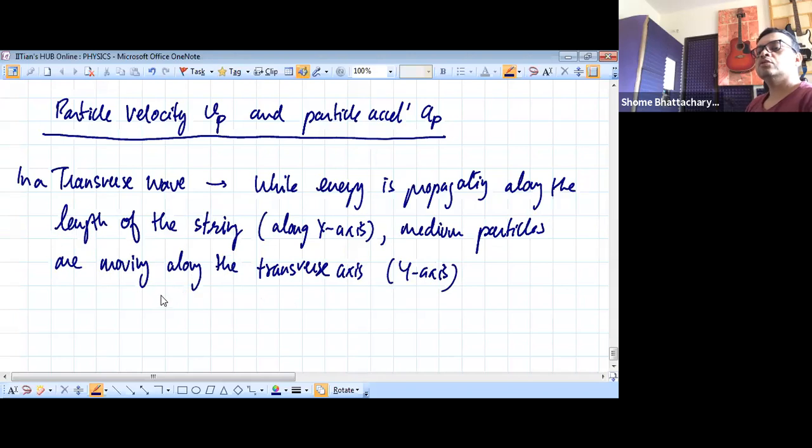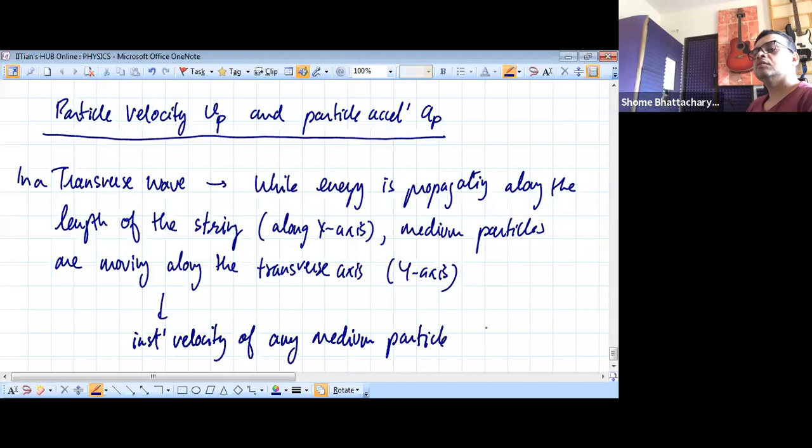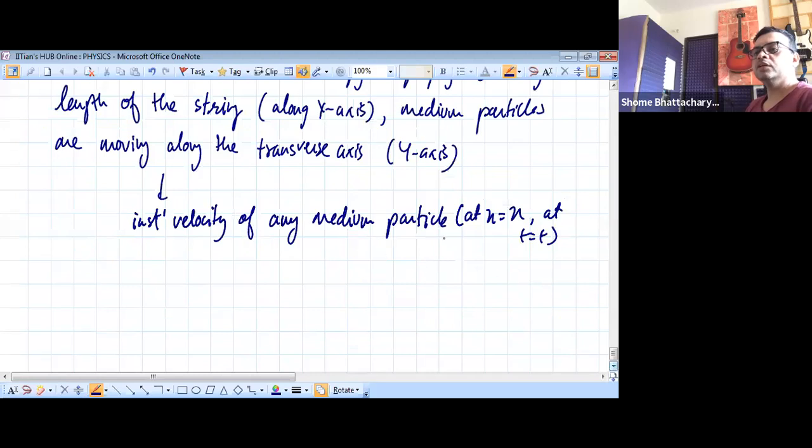Okay. So the instantaneous velocity of any medium particle along that y-axis at any point of time, the instantaneous velocity of any medium particle at x equal to x at time t equal to t. So x is like the address of that particle or the x coordinate of that particle, but it's moving along which direction?